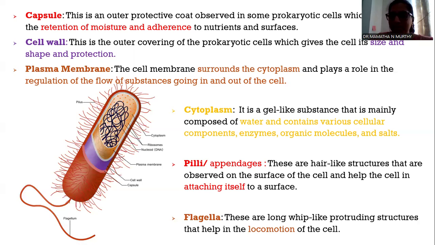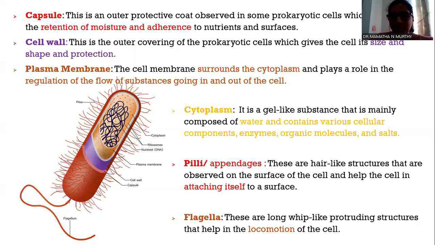The cytoplasm is the liquid part of the cell. It is a gel-like substance, mainly composed of water, which contains various cellular components like enzymes, proteins, organic molecules, and salts. Some bacteria have outermost appendages, which are hair-like structures called pili.